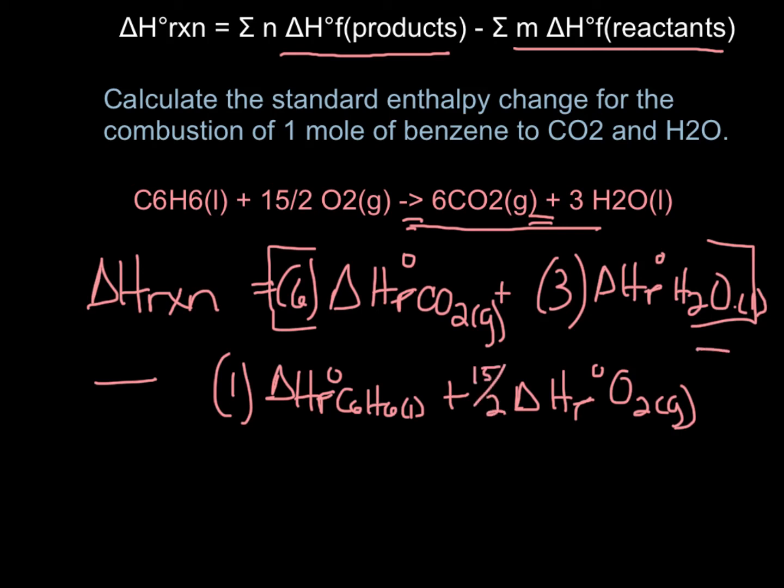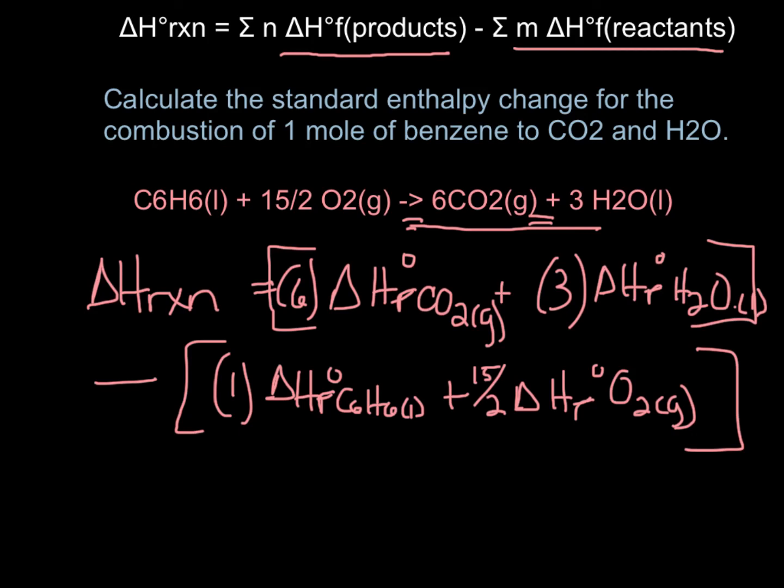And then we'll have the sum of our reactants. Our next step is going to be to go to Appendix C and look up the values for the delta H formation of all of our reactants and products, paying very close attention to the states of our products and reactants and making sure that we select the appropriate values from Appendix C.